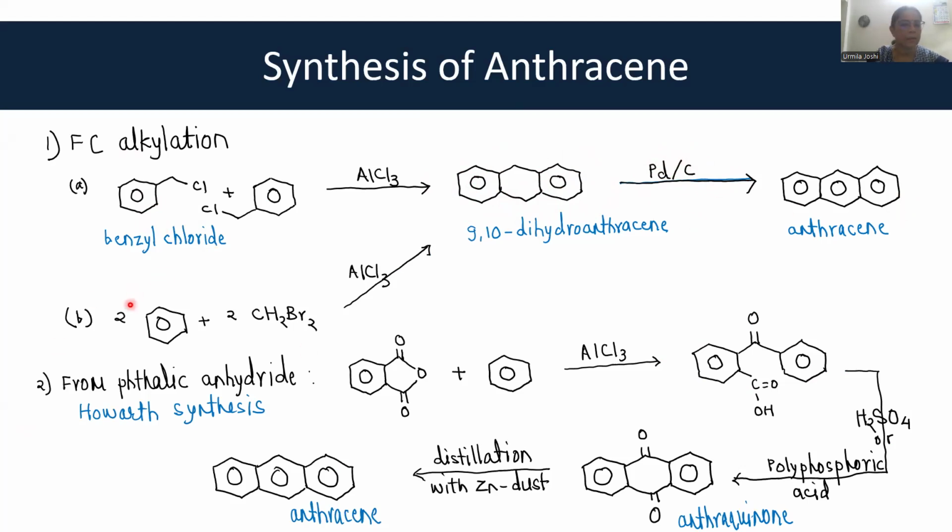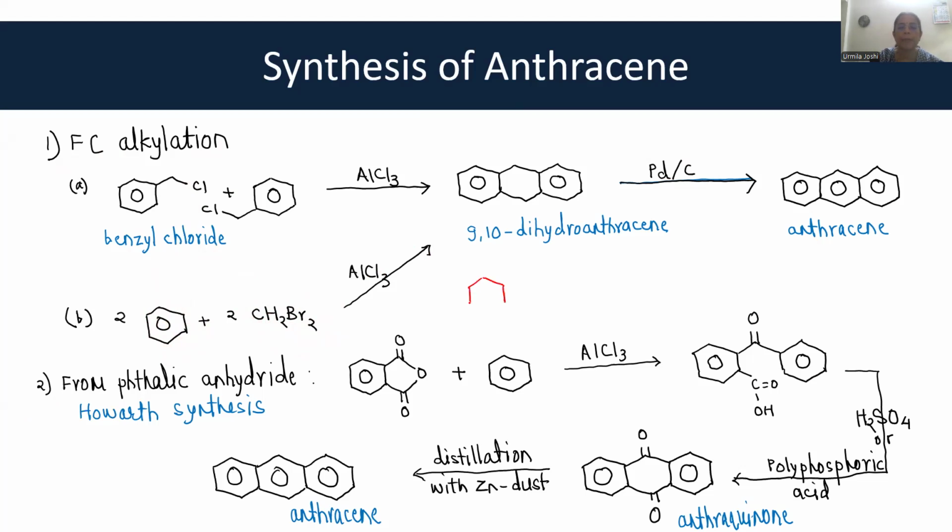Okay. The second method of Friedel-Crafts alkylation is you take benzene and you take dibromomethane. Now, when one molecule of benzene reacts with one molecule of dibromomethane, one Br will be lost, and what you will get will be benzyl bromide, right?